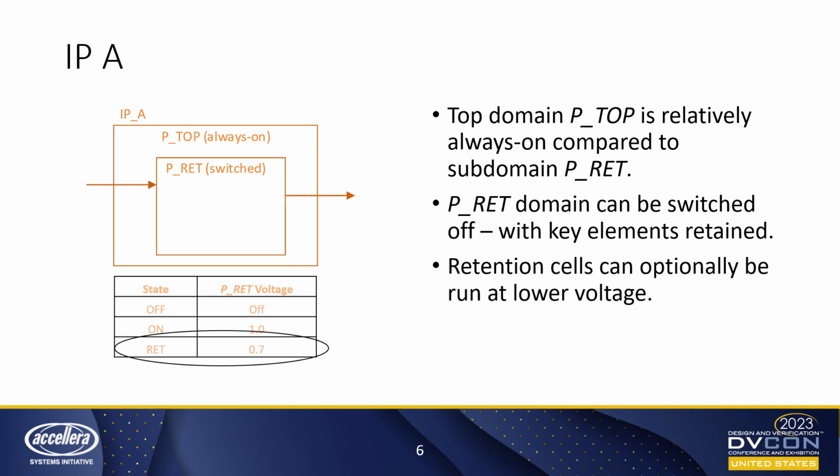Additionally, the power state table defines an optional state where a lower voltage can be provided for the retention supply. Note, however, that if IP-A's P-retention supplies are connected to always-on supplies at system level, IP states off and retention for P-retention would be unused and retention cells would be unneeded.